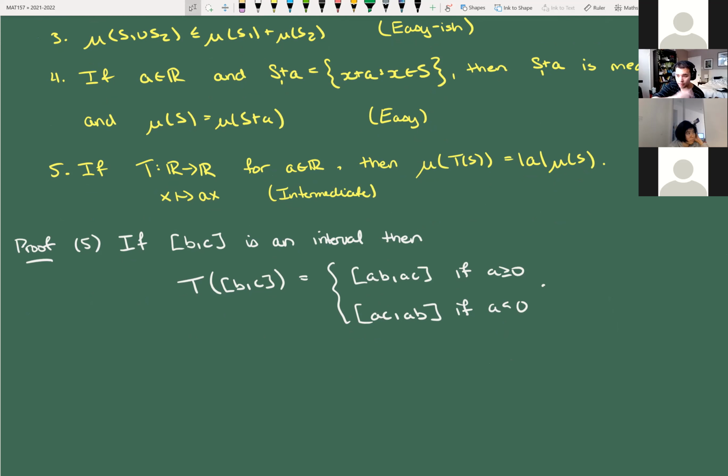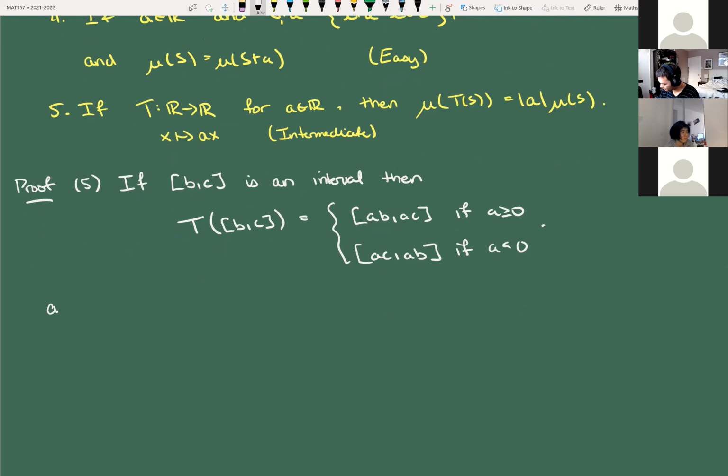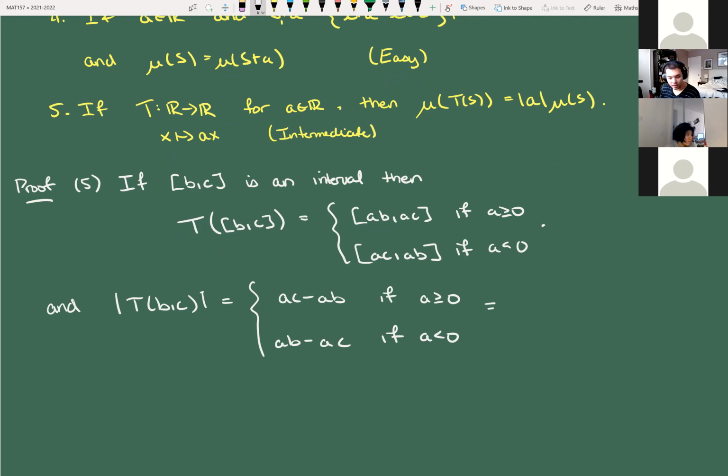We're saying, first of all, the image of intervals is an interval. That's great. And then if we take a look at the measure, or the length, because this is an interval, the length of TBC is therefore always equal to, what? AC minus AB, right? If A is greater than or equal to 0, AB minus AC, if A is less than 0. Very convenient. That is exactly the definition of the absolute value.